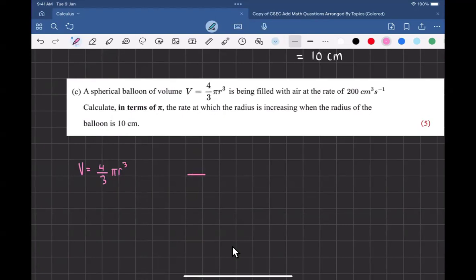What is changing with respect to what? dV over dt. Yeah, so look at it, right? The volume, yes, okay.